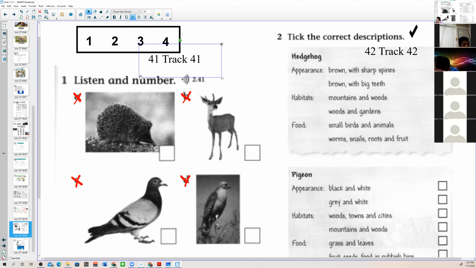It's a mammal. It's brown. It's got lots of sharp spines. It's got small eyes and very short legs. It lives in woods and in gardens. It eats worms and snails, and it likes roots and fruit too. Number 4. It's a mammal. It's light brown with white spots. It's got long legs and a short tail. It lives in woods. It eats grass and leaves.